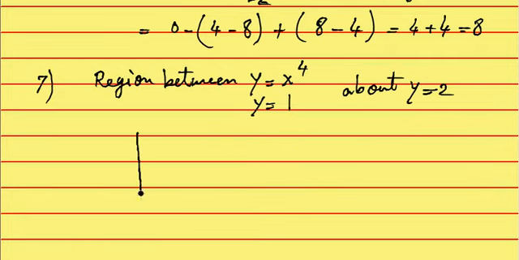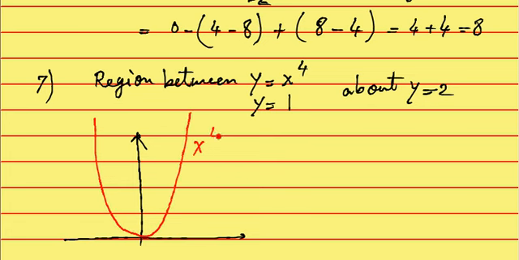Quick picture here again. x to the 4 just looks something like this. This is y equals x to the 4. This is y equals 1. So the region we are interested in is this region. We are going to rotate this thing about y equals 2.